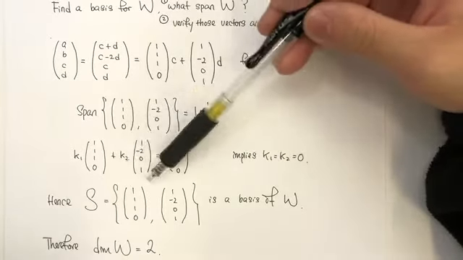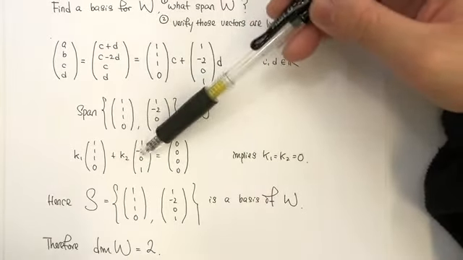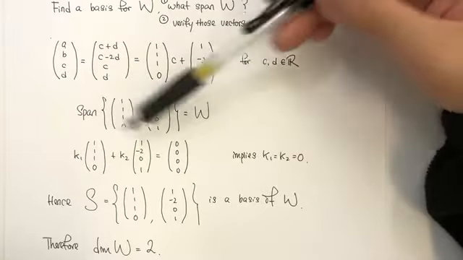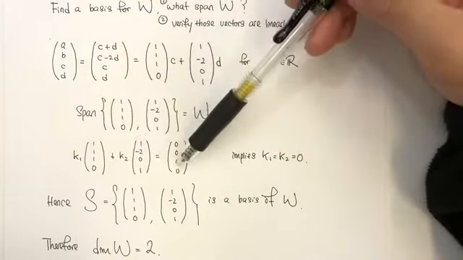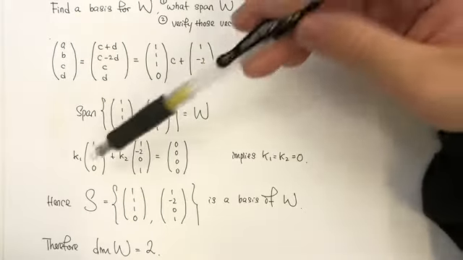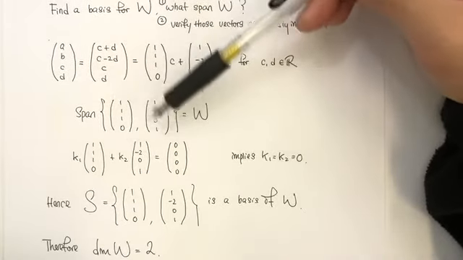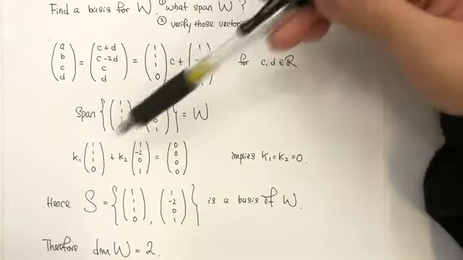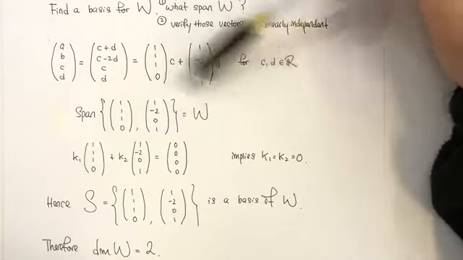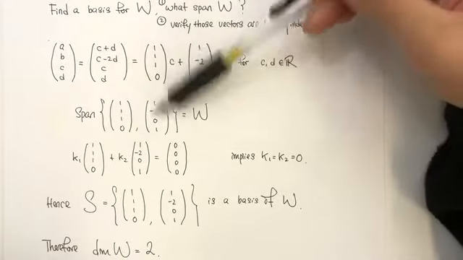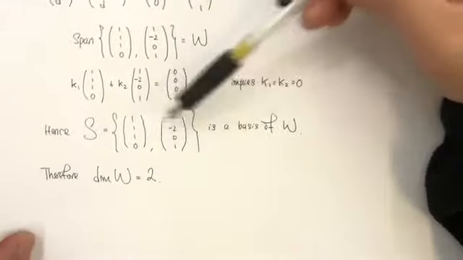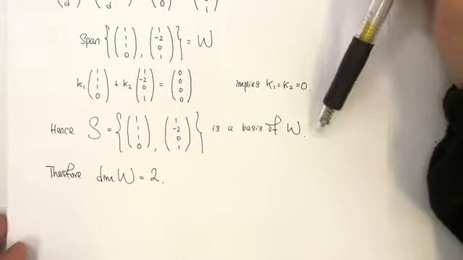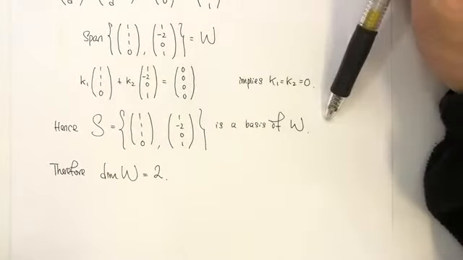Once k2 is 0, k1 will have to be 0 in order to get 0, 0, 0, 0. So these two vectors are linearly independent. These two vectors span W, and they are also linearly independent. Therefore, these two vectors form a basis for W.